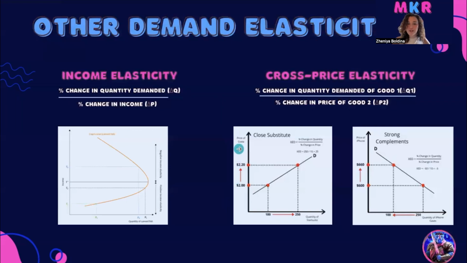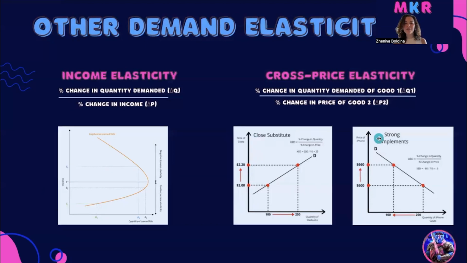So as the price of, for instance, Costa rises and the quantity demanded for Starbucks also rises, we see that the change is positive. We have a positive relationship, and so those are two substitutes. So if our cross-price elasticity is positive, immediately you can say, okay, those are substitutes. And the opposite for complements: if our cross-price elasticity is negative, that means we have complements.